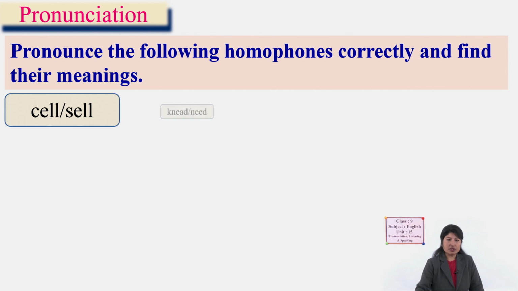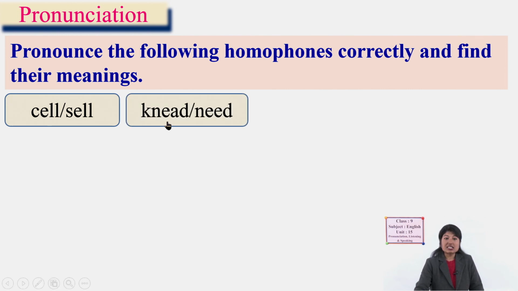Another pair of words is knead and need. See the spelling: K-N-E-A-D, knead, and N-E-E-D, need. Both are pronounced need, and the meanings are different as we discussed. The first, knead, is kneading dough.